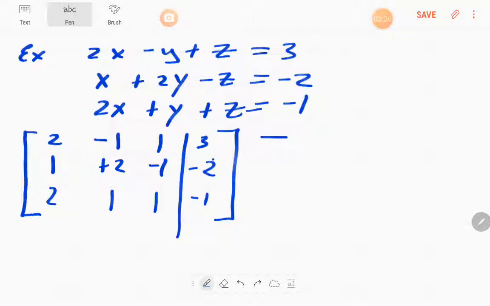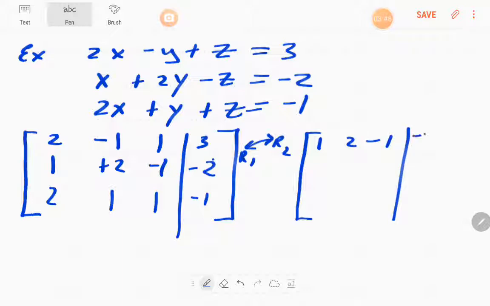So I'm going to interchange row 1 with row 2. So this creates 1, 2, minus 1, minus 2. And then we're going to have 2, minus 1, 1, 3, and then the third row stays the same.